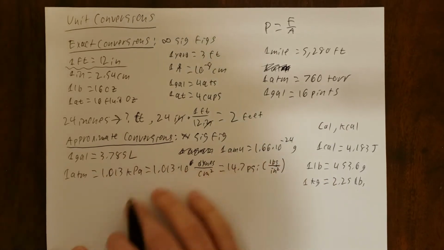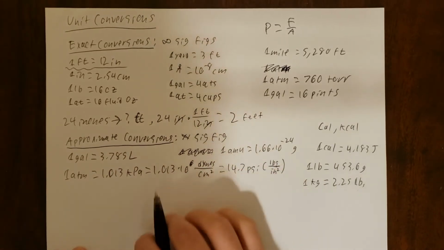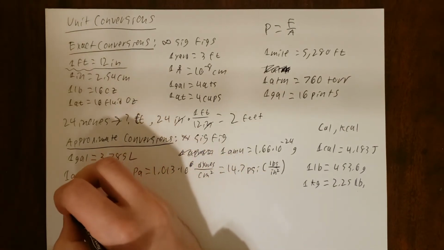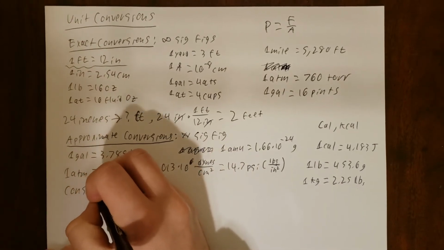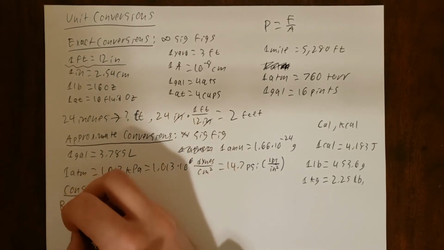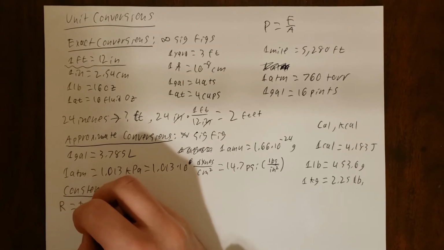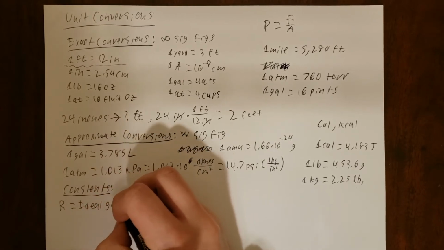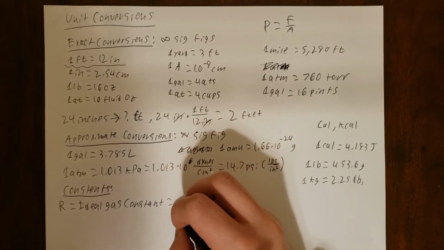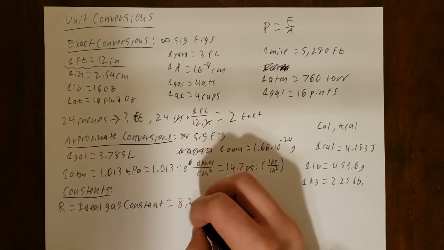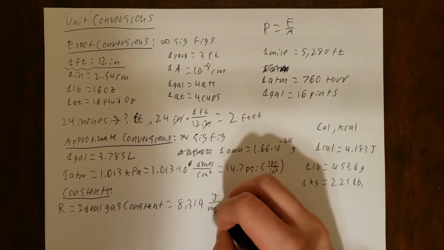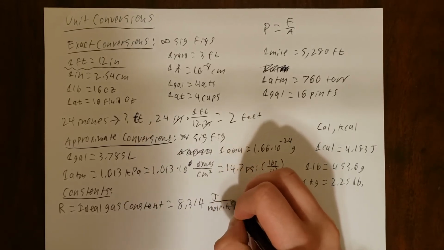So finally, we'll go over some constants. We have R, which is the ideal gas constant, which is equal to 8.314 joules per mole Kelvin.